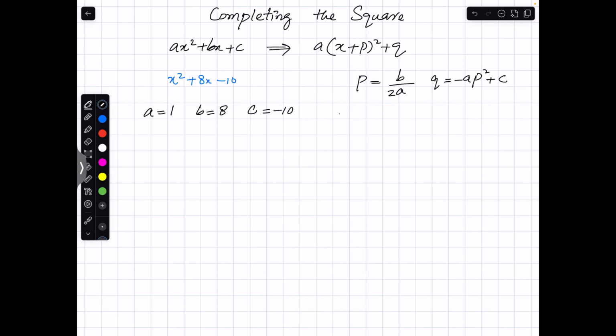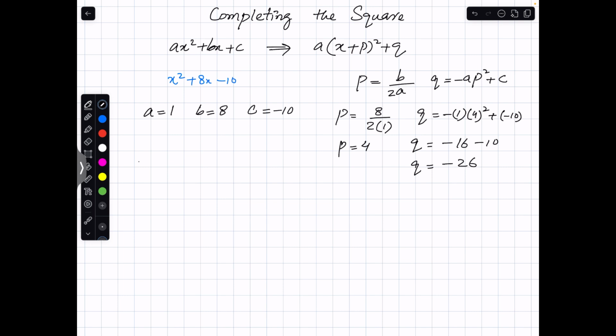So p is equal to b, which is 8, divided by 2 times a, and q is minus a, which is 1, into p square, which is 8 divided by 2, so 4 squared, plus c, so c is minus 10. So p is 4, q is minus 16 minus 10, so this is equal to minus 26.